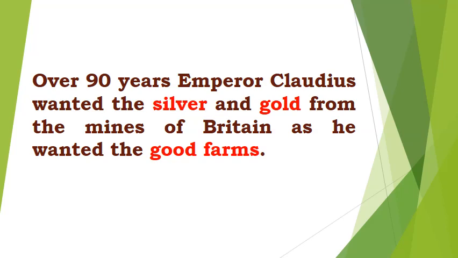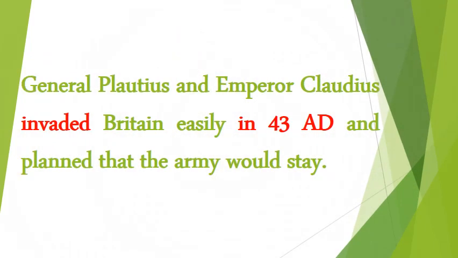To do this, Emperor Claudius told his army leader at that time, General Plautius, to march and take Britain. So what happened after that?